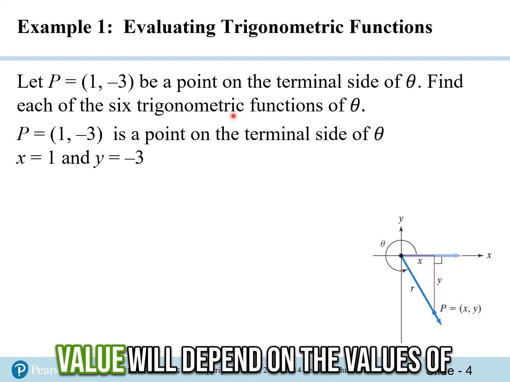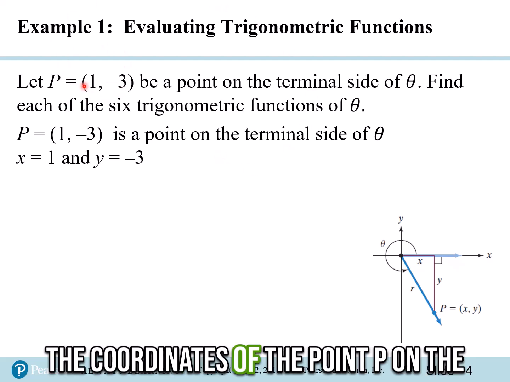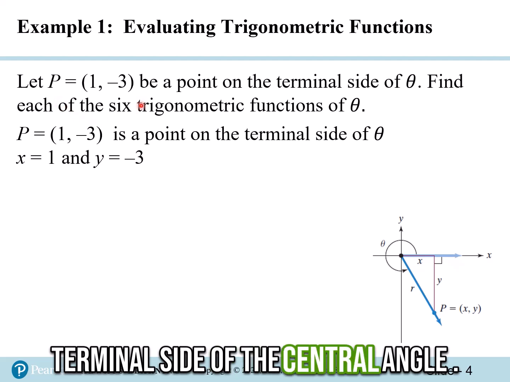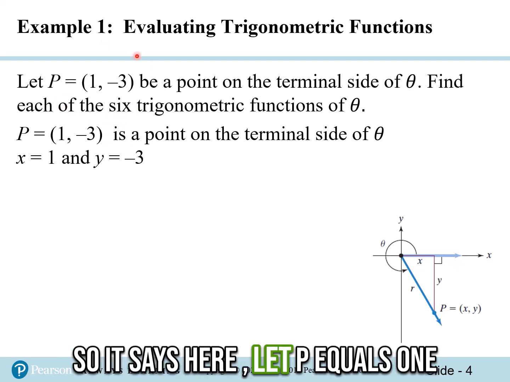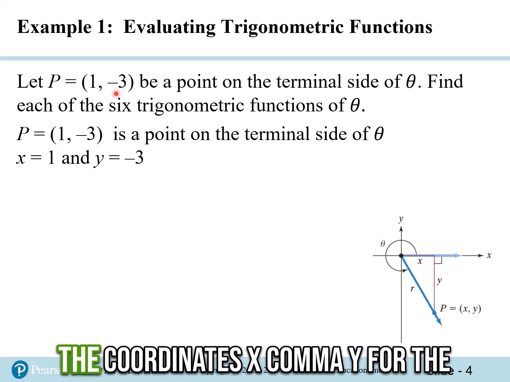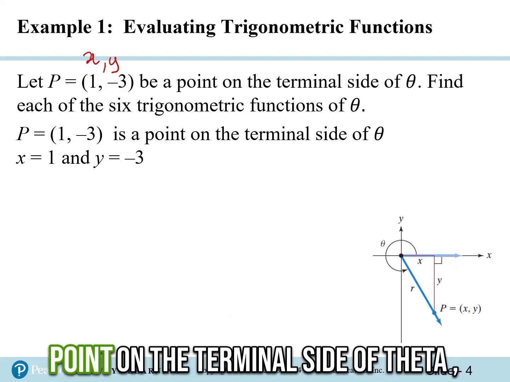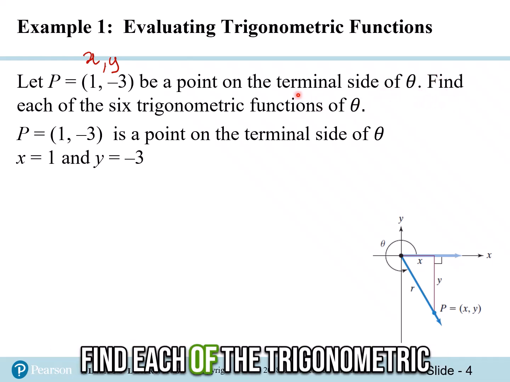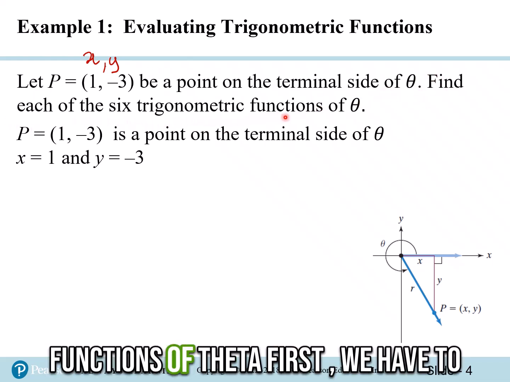In fact, its value will depend on the values of the coordinates of the point P on the terminal side of the central angle. So it says here, let P equal (1, -3). Those are the coordinates x, y for the point on the terminal side of theta. Find each of the trigonometric functions of theta.